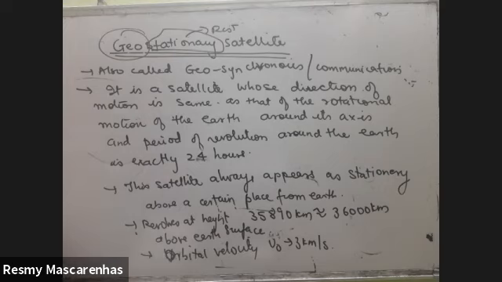So this is all we need to know about a geostationary satellite. Its rotational motion is the same as that of the Earth in exactly 24 hours. The satellite always looks stationary from one place on Earth if you are watching.